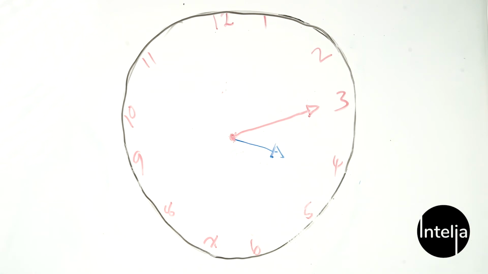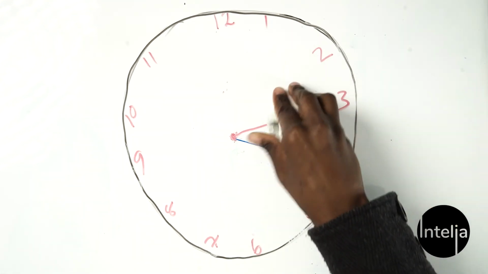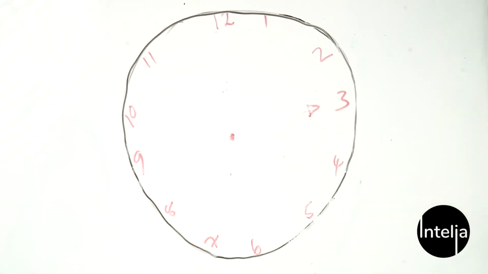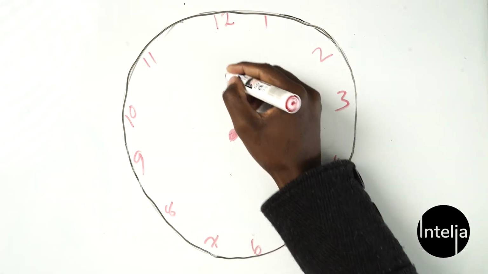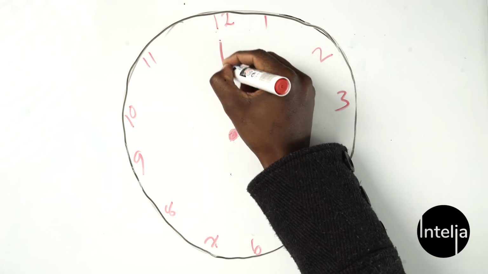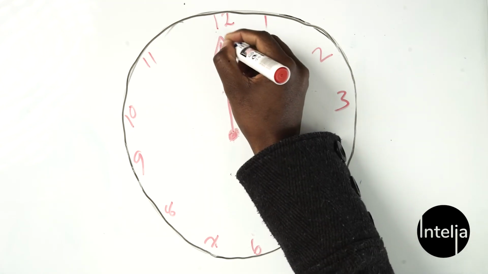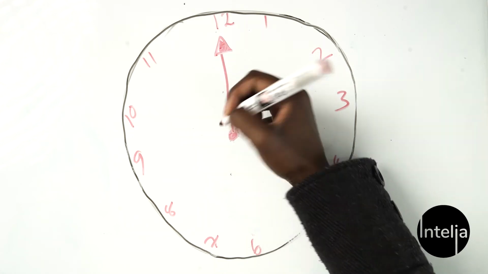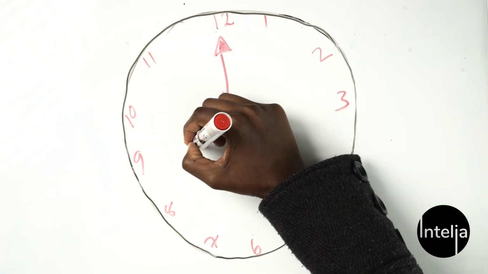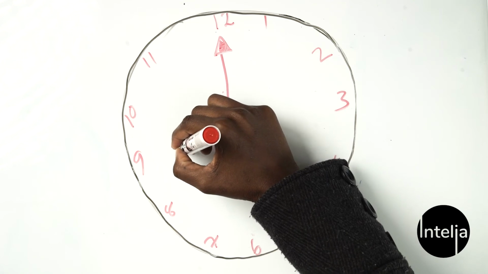Now we move on to the difference between the AM and the PM. Our hour hand is pointing here at 12, and the minute hand is pointing here at 9.